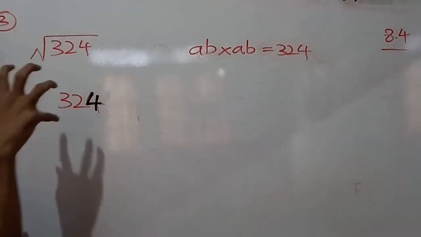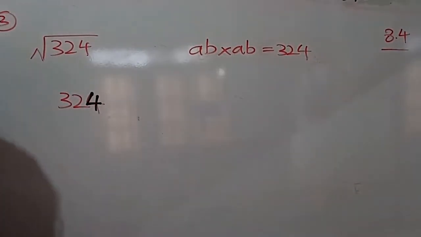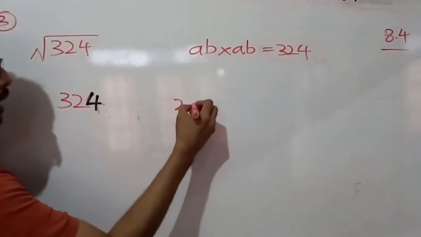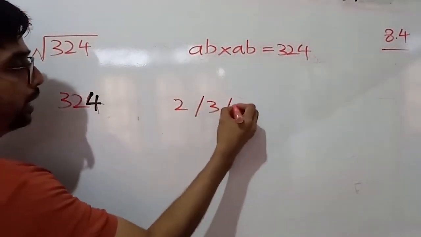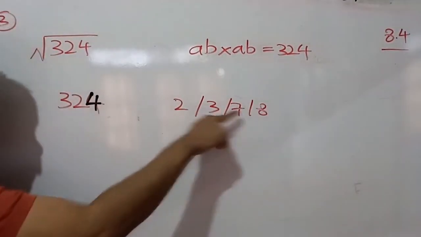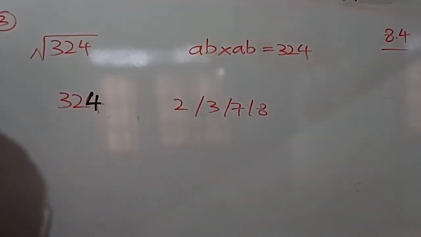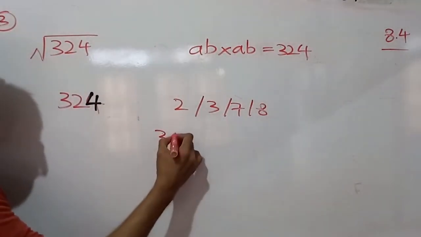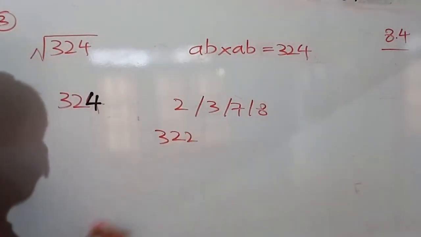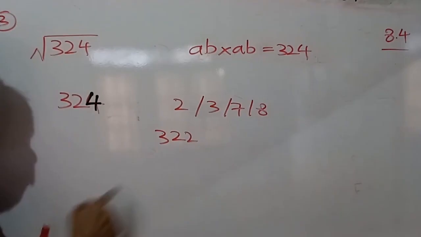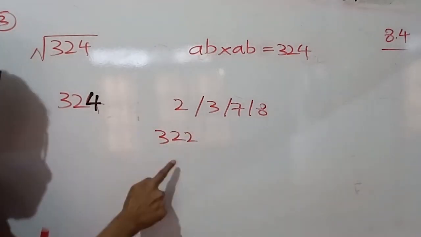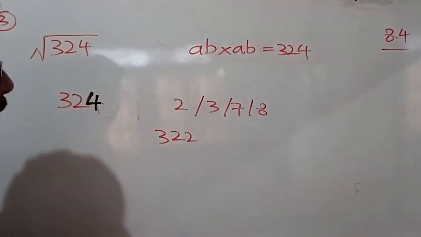That means this can be a perfect square. If these digits 2, 3, 7 and 8 were there, it would not be a perfect square. Imagine if we had something like 322. What is the digit on the ones place? 2. Then it is not a perfect square. Right. We have already discussed those.